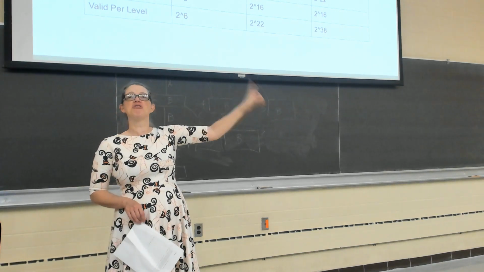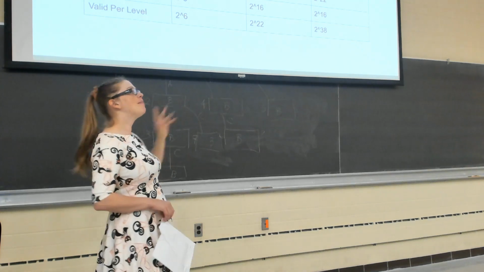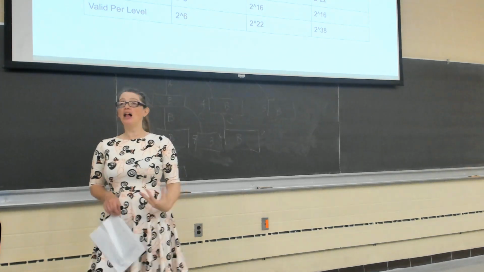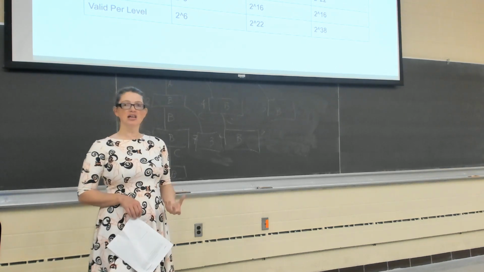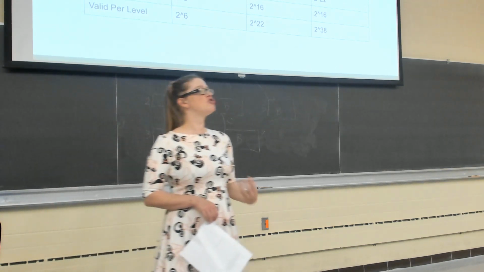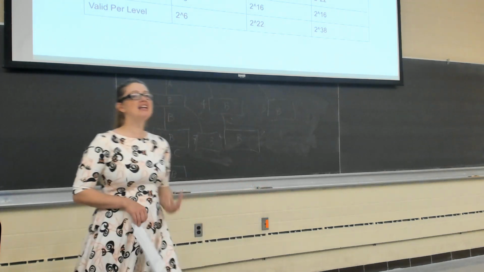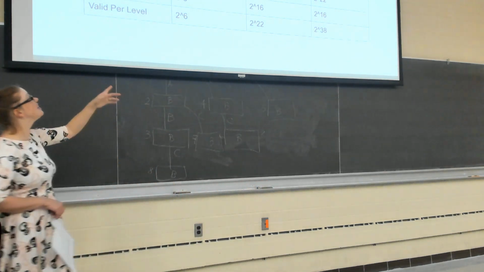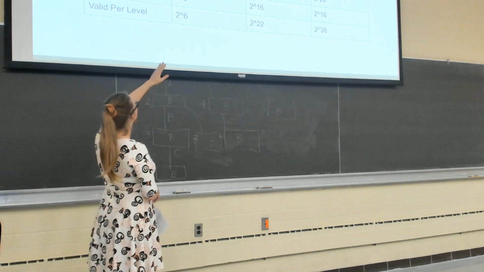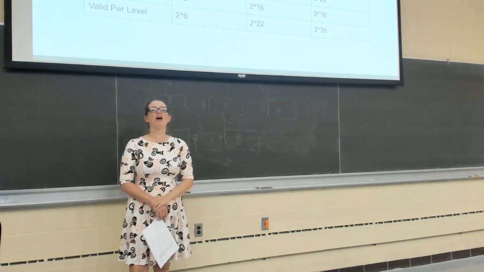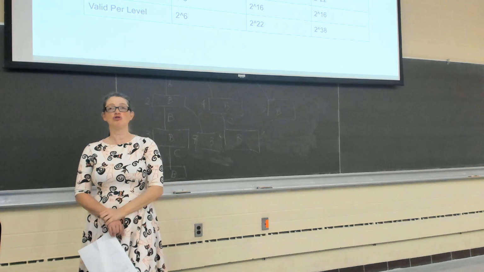There's only one root to our tree. How many valid entries are in it? Well, we are using 6 bits. 6 bits are non-zero, which means there are 2 to the power of 6 valid entries in that table. And in that level as a whole, there are 2 to the power of 6 valid entries.